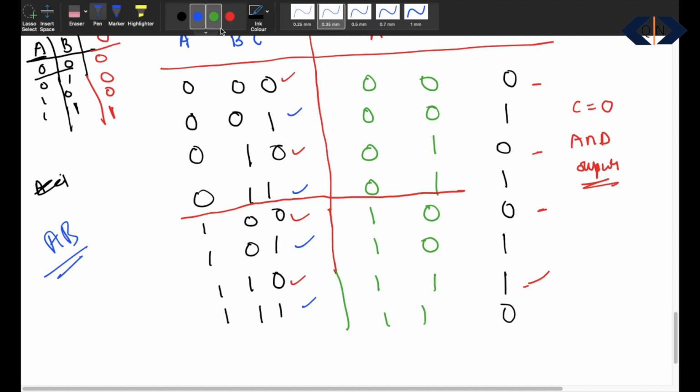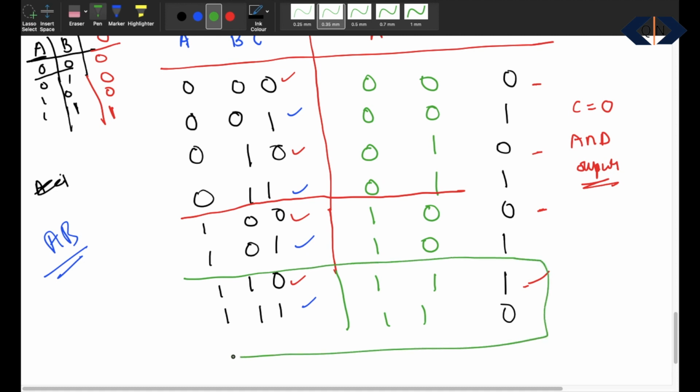If you look at the last two configurations, here when A and B are both 1, our output is getting changed, our C is getting changed.